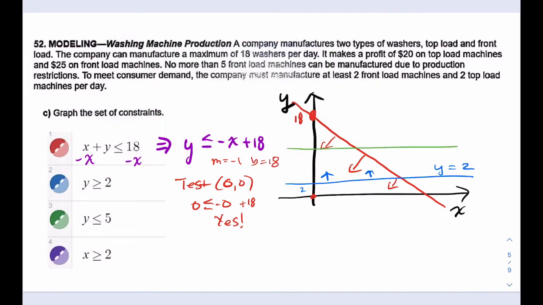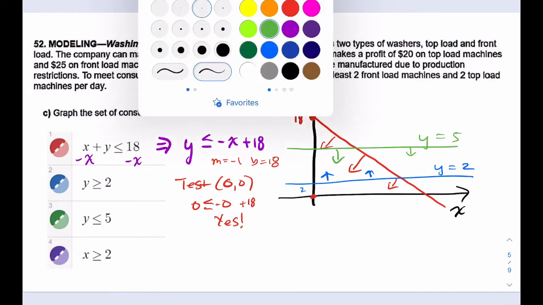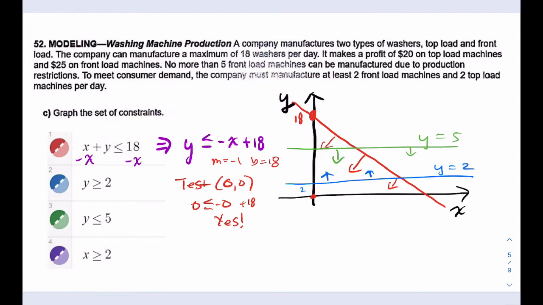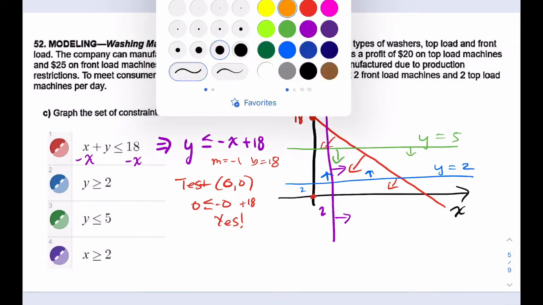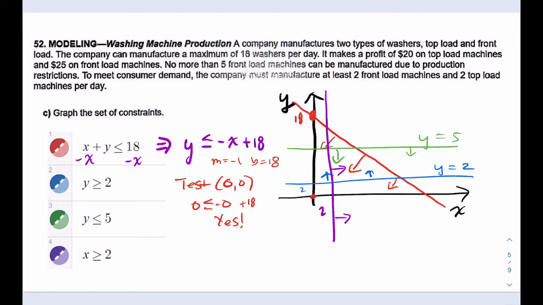That's going to be over here. Everything less than is in this direction. And then all x's greater than or equal to 2. So x equal to 2 is there. Everything greater than 2 is in that direction. So it looks like our feasible region is going to be this region here.